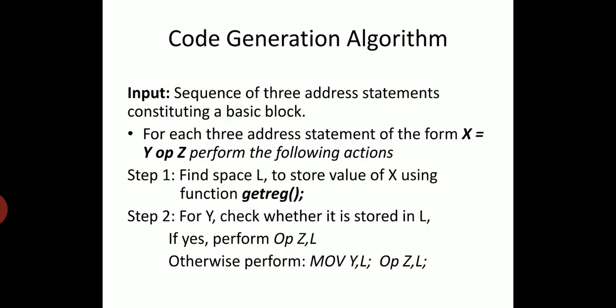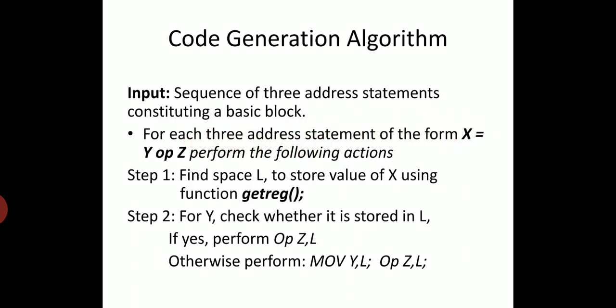Algorithm for code generation. We assume that the input is a sequence of three-address statements, which constitutes a basic block. Suppose x equal to y op z is a statement in a basic block. What is step 1? In step 1, we have to find a space L to store the value of x using the function getReg. getReg is a function that will be invoked. It will return the space for storing the result of the operation y op z.